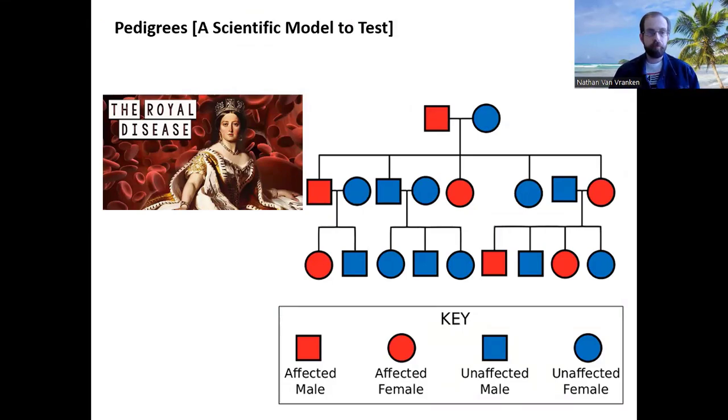For example, this is a pedigree showing how hemophilia can be passed from generation to generation. Hemophilia, physiologically speaking, is where the blood does not develop the clotting factor.